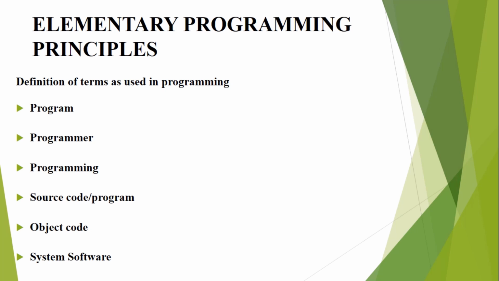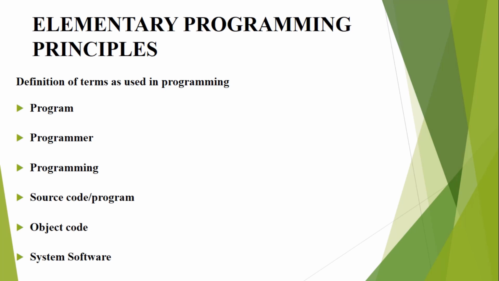Then the other term we are going to look at is programming, and programming is a process of developing a computer program, or a process whereby you use a particular programming language in order to solve a particular task.